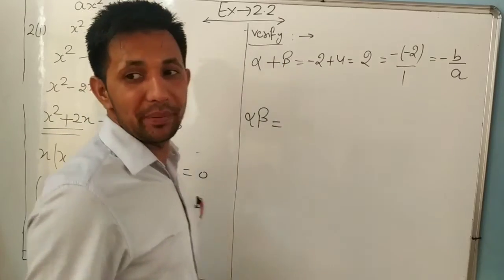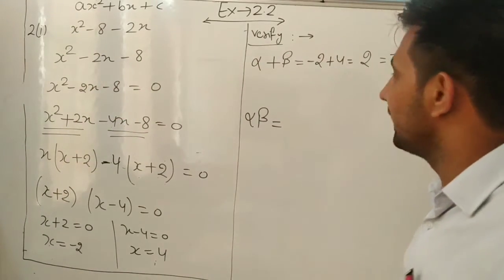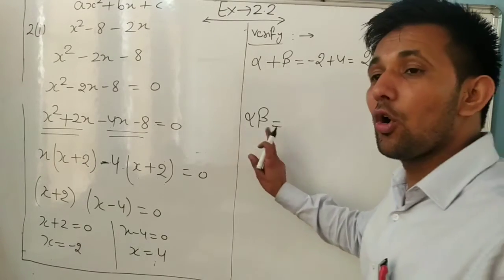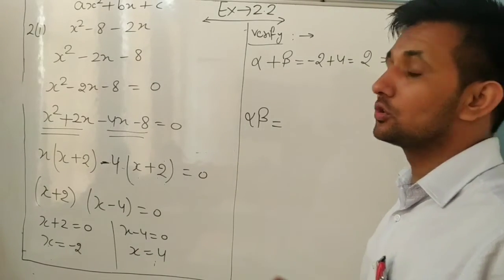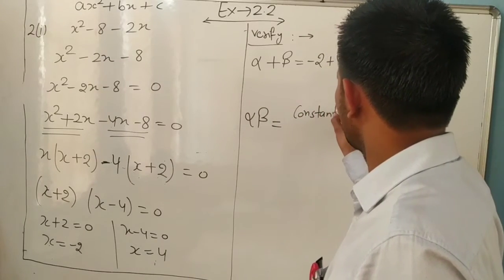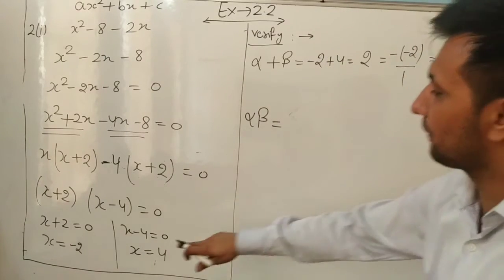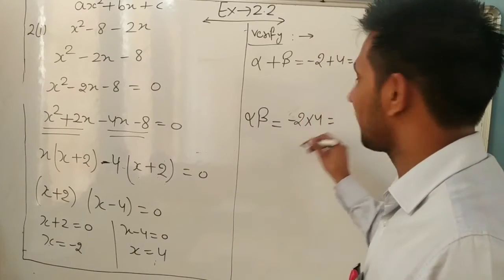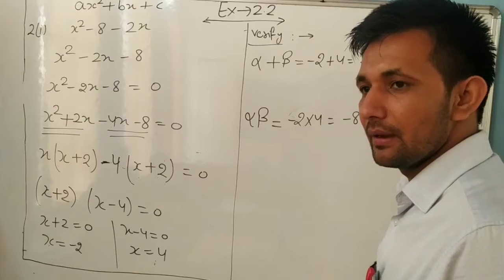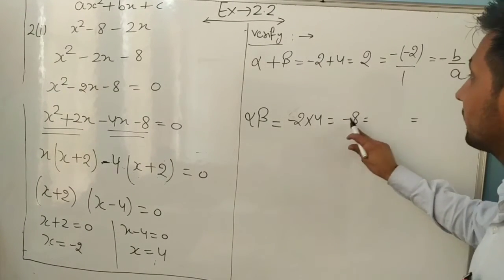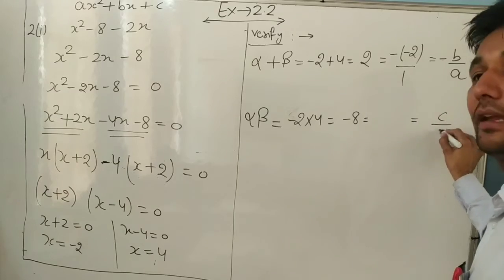Next, alpha into beta. Alpha into beta is always equal to the product of the zeros. What is it? Constant term. Otherwise alpha into beta, minus 2 multiplied by 4, how much? Minus 8, or not? And product is always equal to c by a.